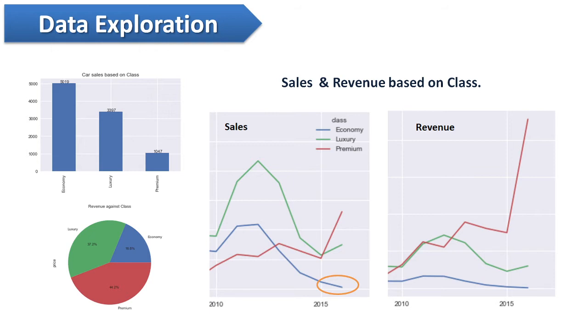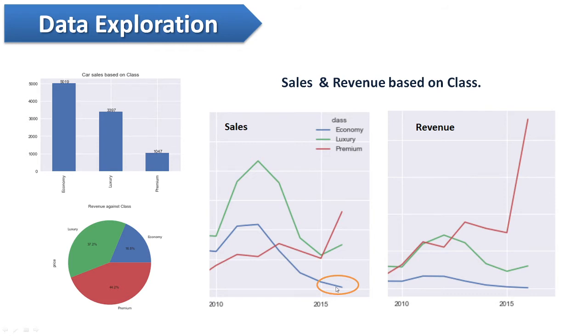And one other thing: if you plot the data yearly, we can see that for the economy class, in recent years sales are almost touching the ground, meaning the sales are almost zero.